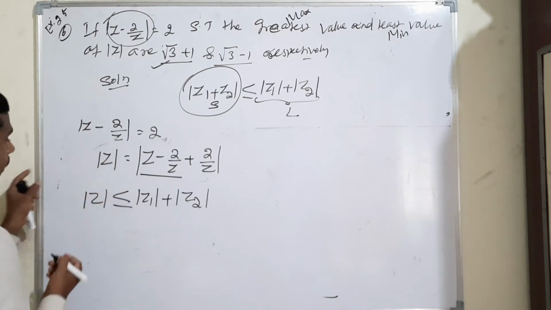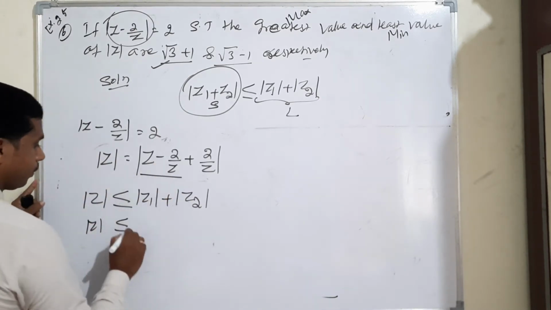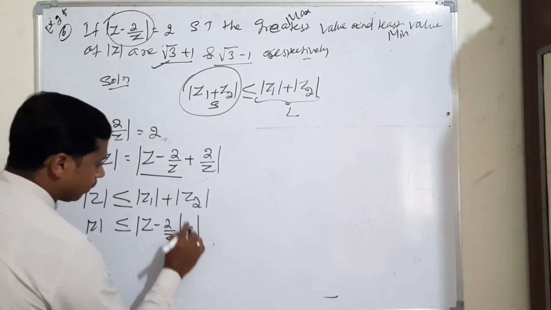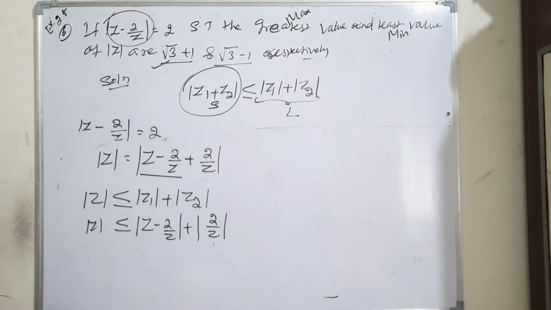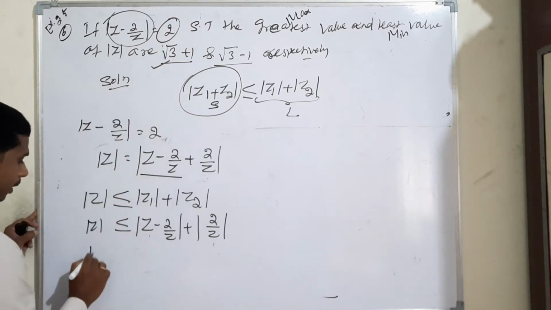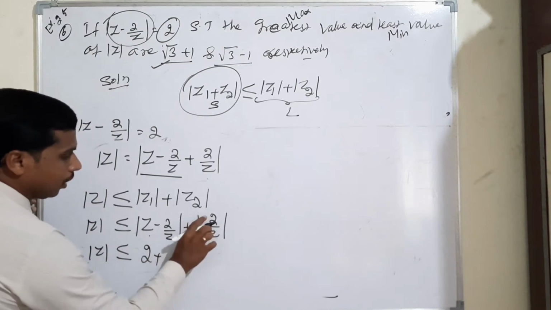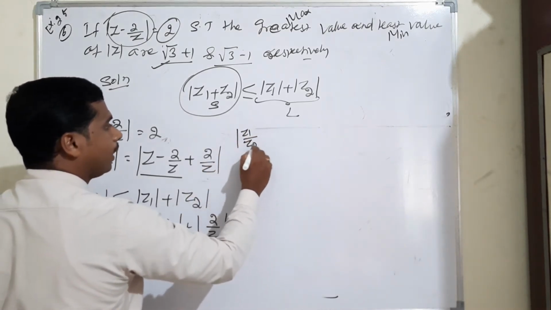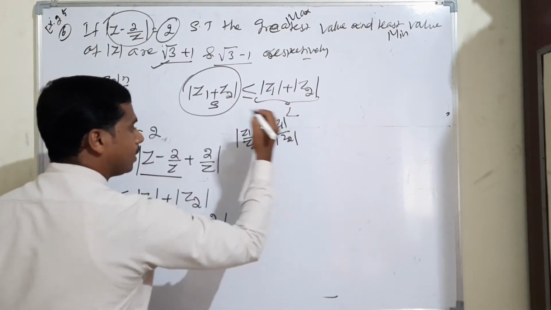Again modulus of z is less than or equal to modulus of z1, meaning z minus 2 by z, plus modulus of z2, meaning 2 by z. Then z minus 2 by z is given as 2. Again modulus of z is less than or equal to 2 plus, if you remove the modulus, we already know one property: modulus of z1 by z2 equals modulus of z1 divided by modulus of z2 separately.